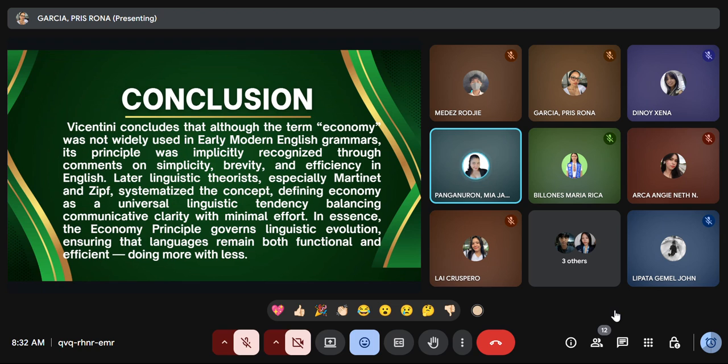It ensures that languages remain functional, practical, and efficient, allowing people to communicate more ideas using fewer words or simpler forms. In essence, the principle shows that language is not static. It constantly adjusts to human needs, aiming to do more with less while still keeping communication clear and effective.